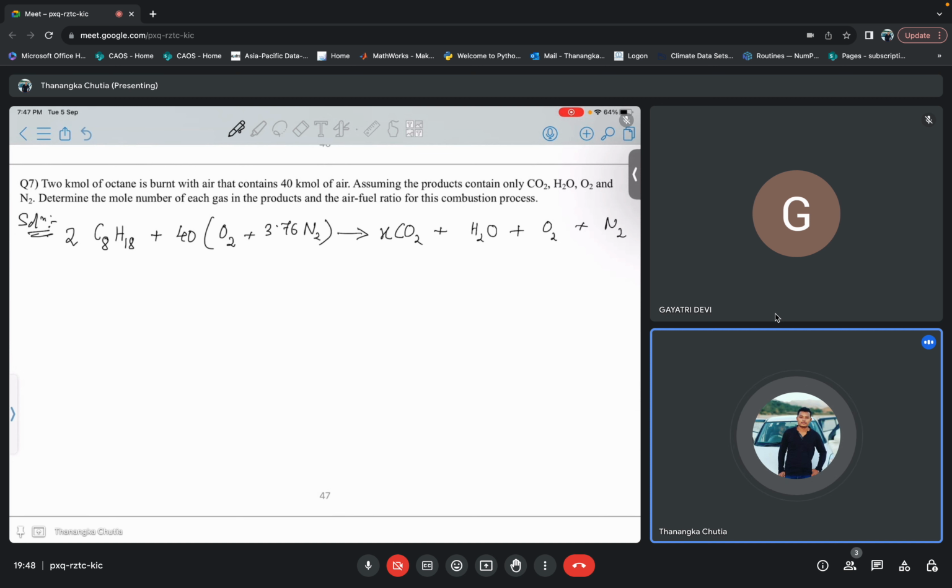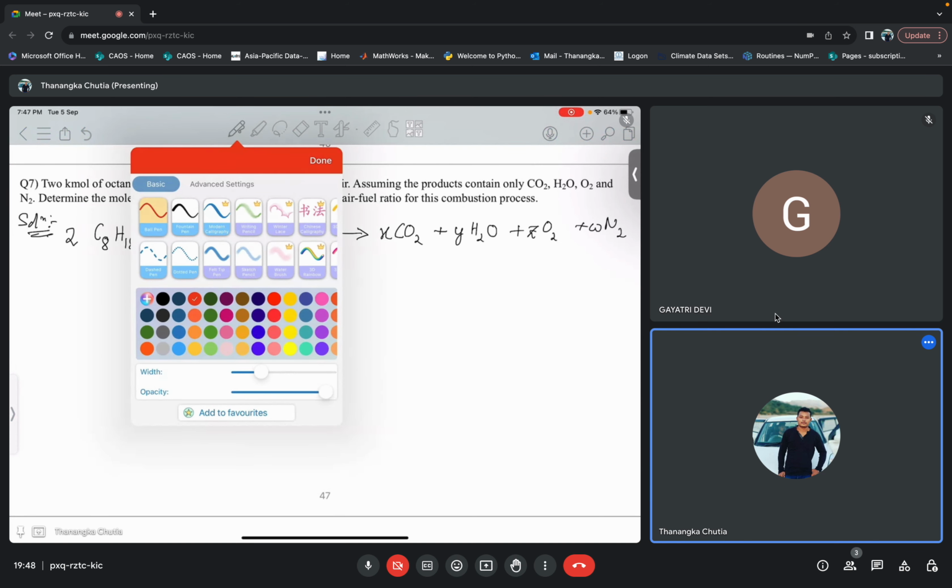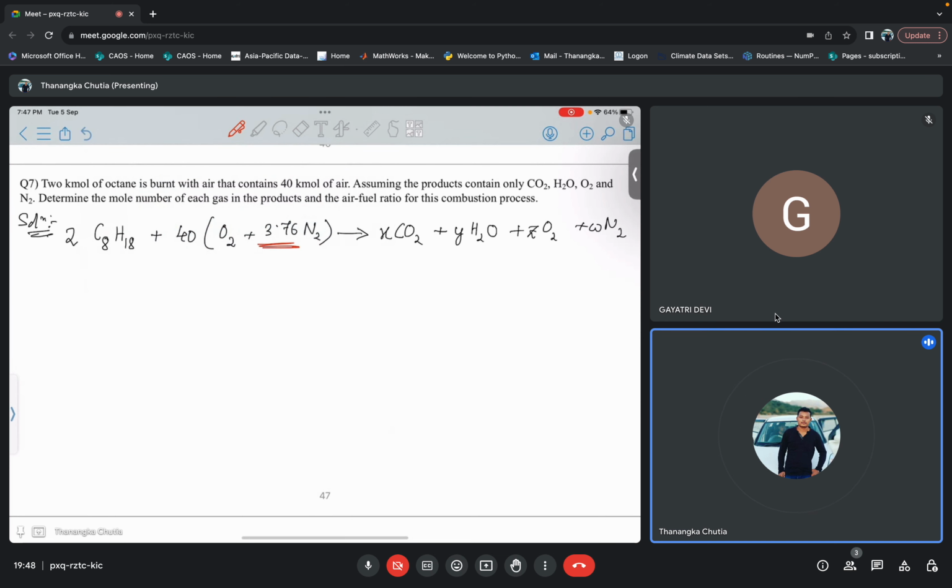We don't know how many moles of carbon dioxide, water, oxygen and nitrogen there are, so I am writing these as X, Y, Z and W. Now how did the 3.76 come? I think you are all aware that air contains 79% nitrogen and 21% oxygen by volume.